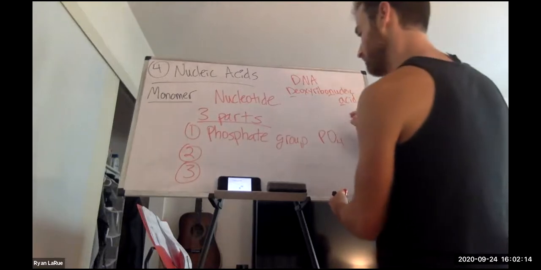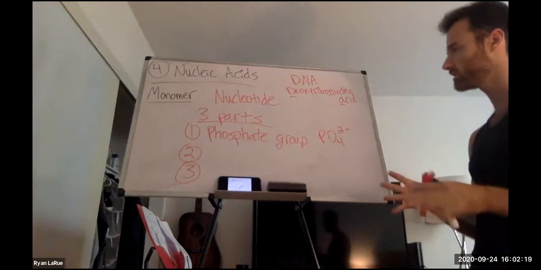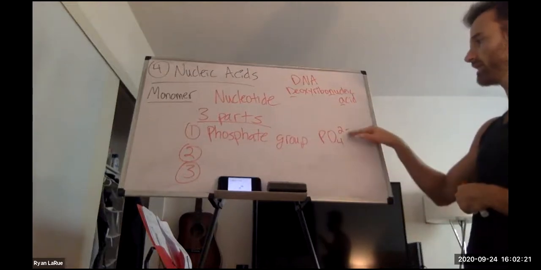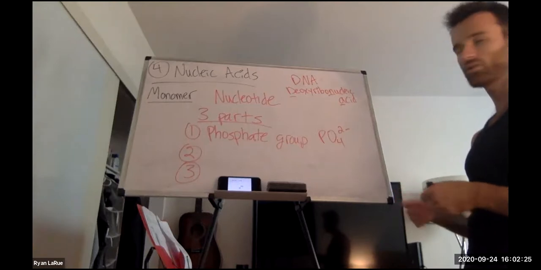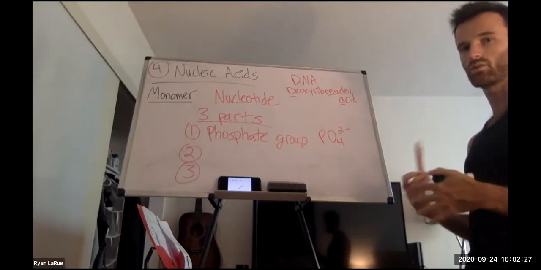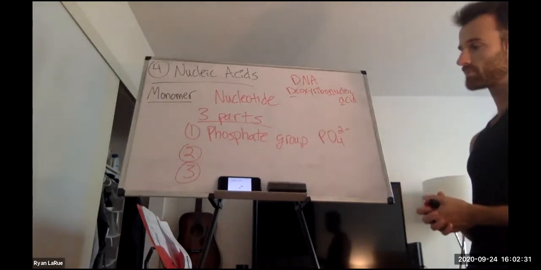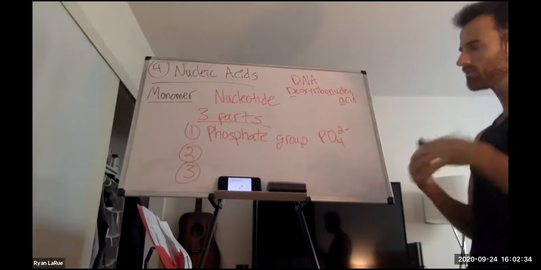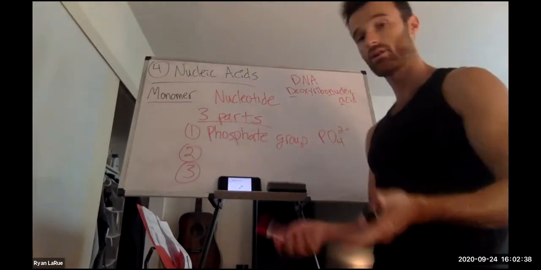So I'm going to put PO4 2-. It's very important to know that this phosphate group carries a negative charge. It's going to confer different properties to nucleic acids. Okay, so we have a phosphate group attached to which we have a sugar group.